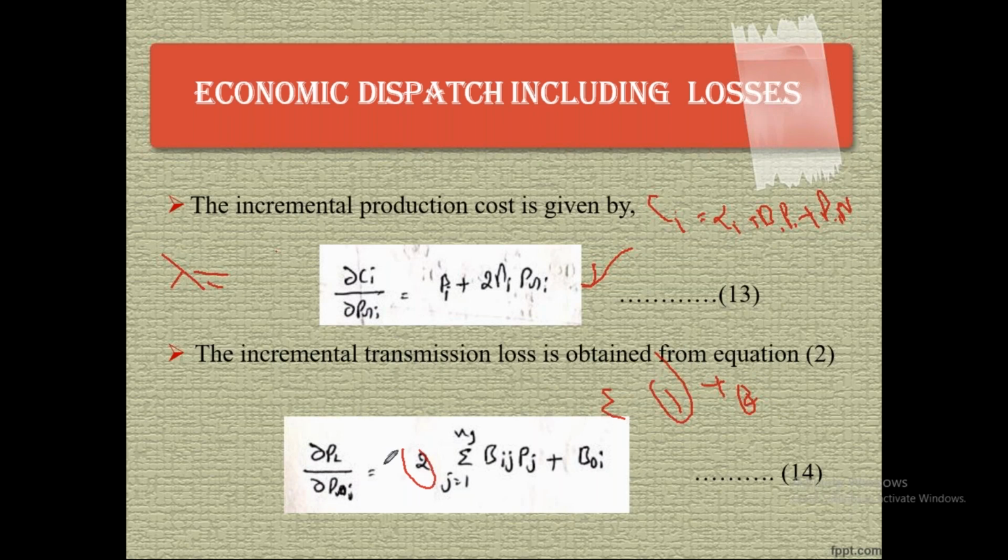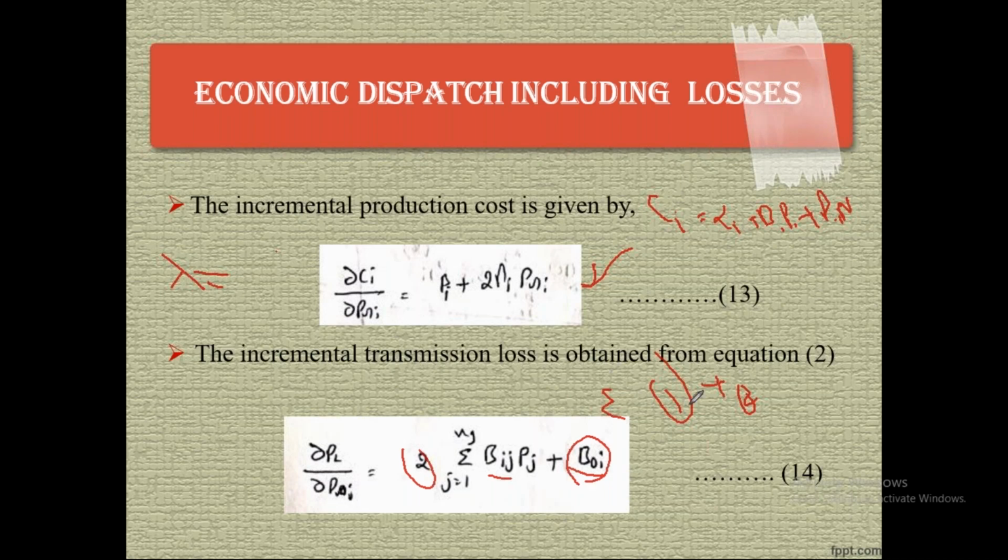So commonly we get the 2 here: 2 into Bij Pj plus Boi. These terms are called B coefficients. These parameters are not involved majorly in this derivation, so just for understanding purposes, I am including them here.